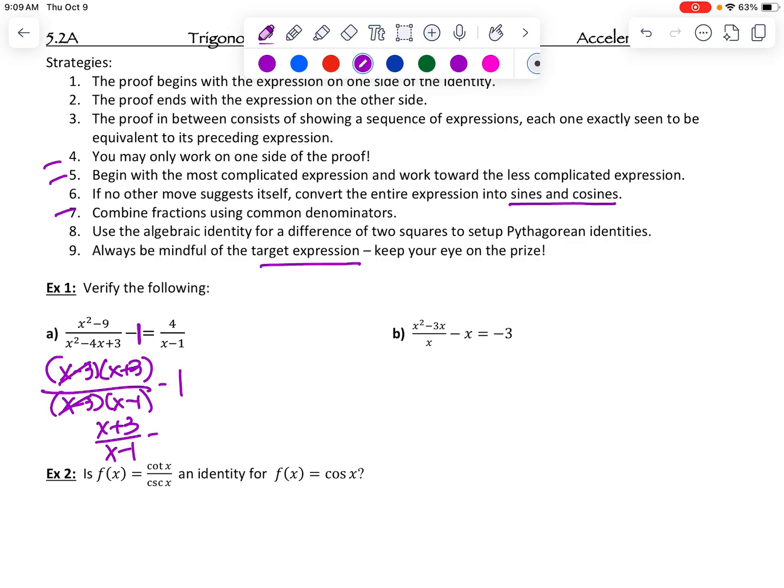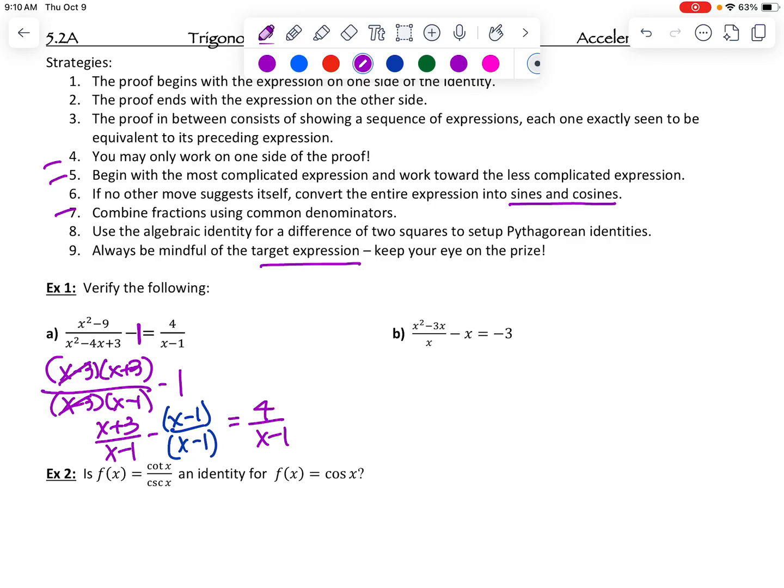Now if I wanted to combine those fractions, I would multiply top and bottom by x minus 1. Now that I've got my common denominator, I can subtract my numerators. X minus x cancels out. 3 minus a negative 1 equals 4. So I'm left with 4 over x minus 1, and that's where I ended up.